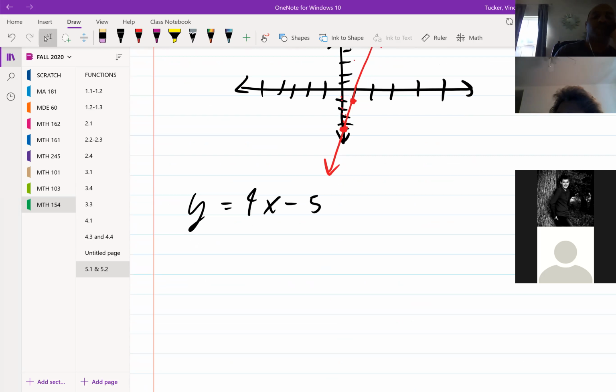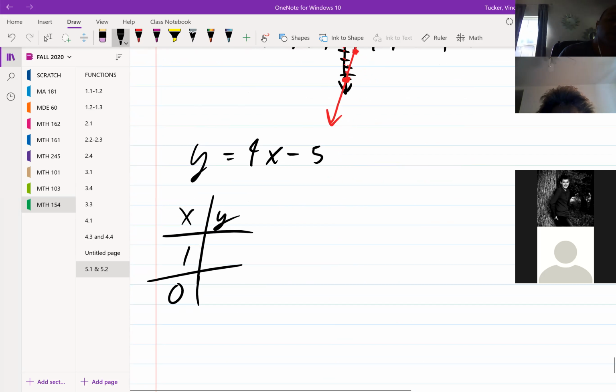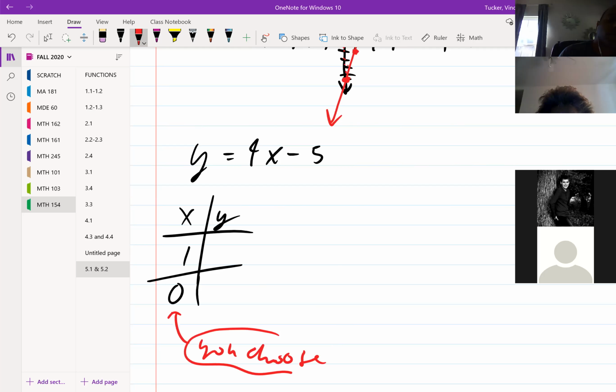One other quick way of doing it, you could create an XY chart where you choose the values. Remember I told you my math lab only needs 2 points. You choose the X values and plug them in, find the corresponding Y value.